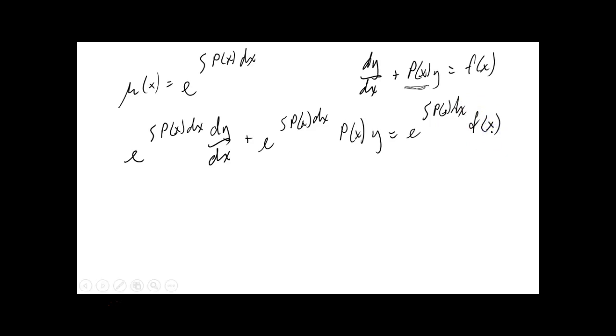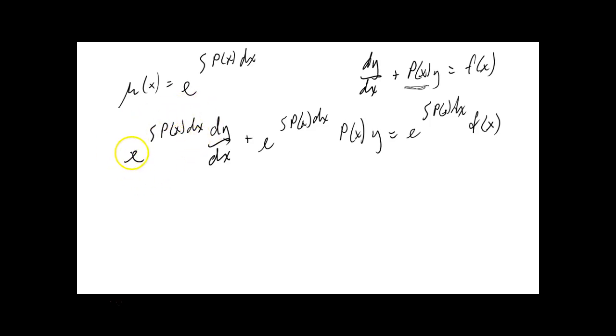Okay. Now, it seems like we're making it a lot worse. But let's think about this. What we have on this side is e to the integral of p of x dx times dy/dx plus y times the derivative of this thing.